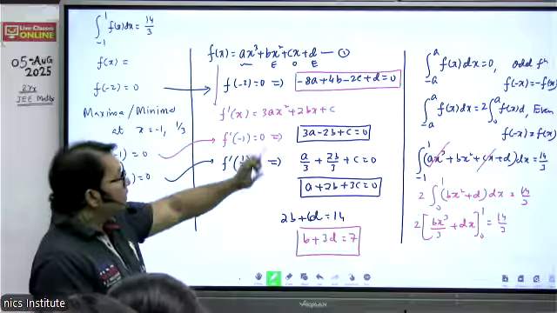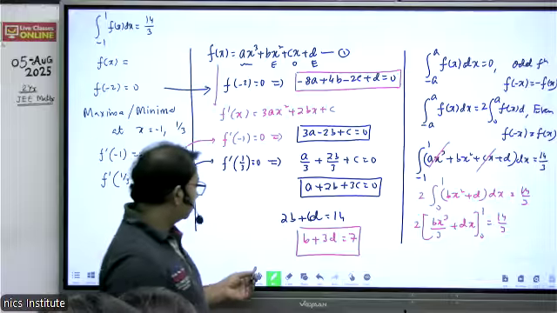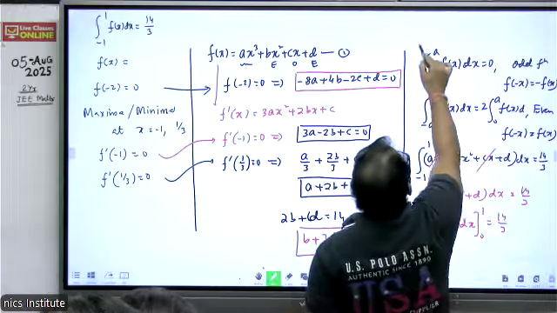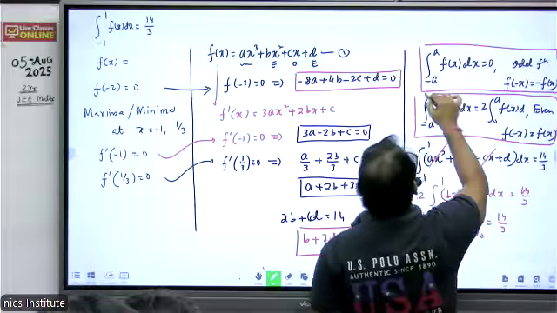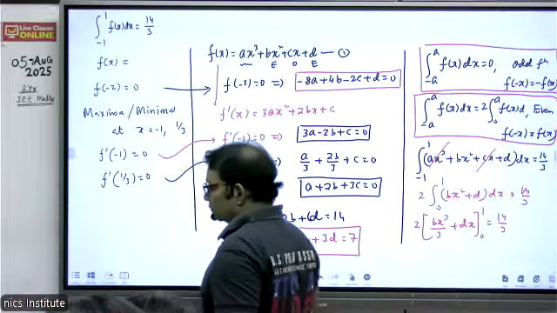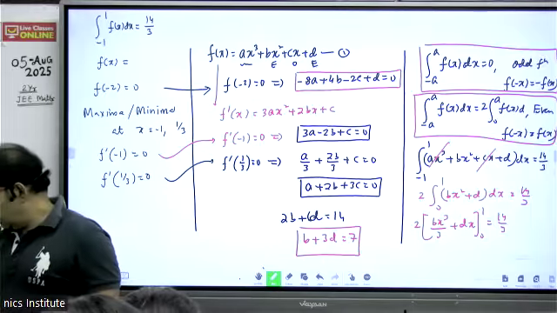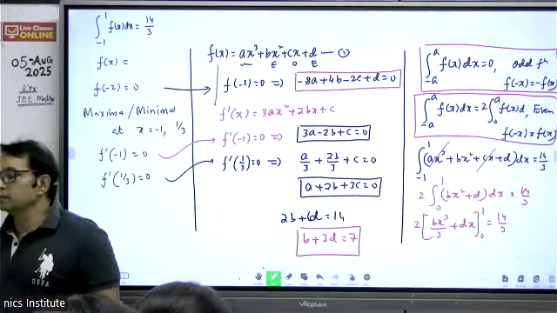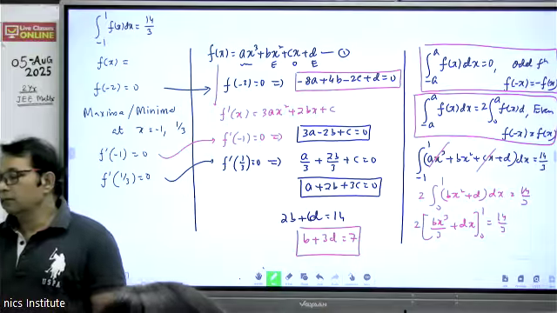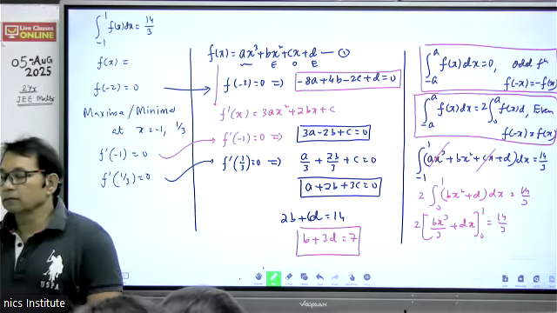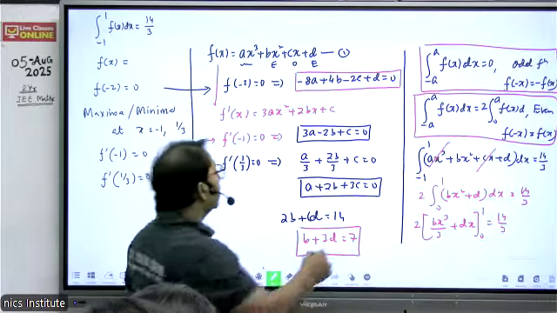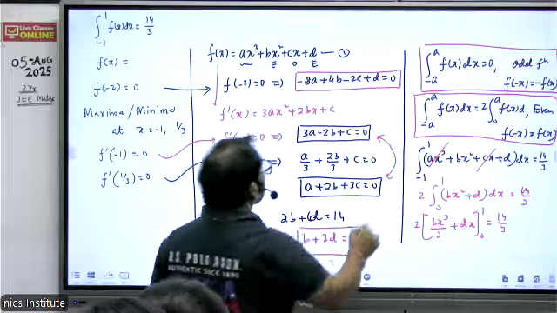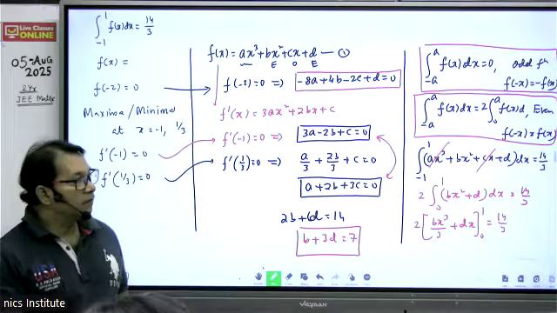This is a property of definite integral. You can add these two equations. 2b will cancel. You'll get a in terms of c.